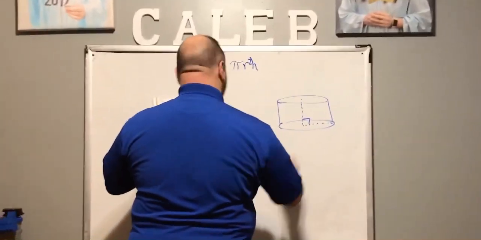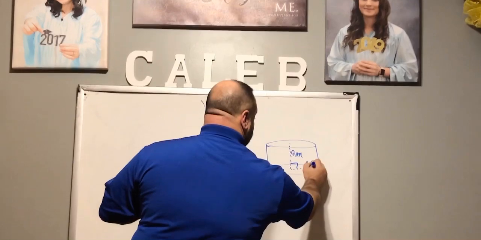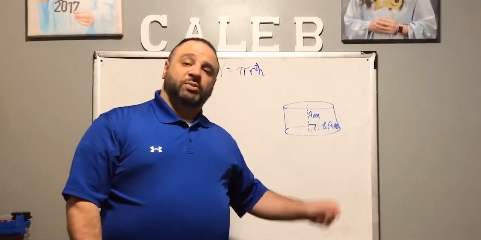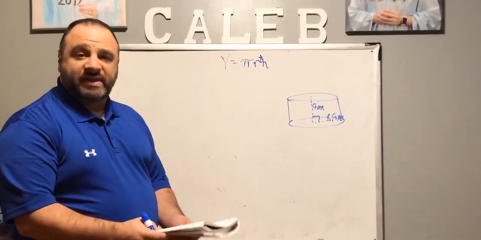Okay, we have our altitude, which is 9 meters, and our radius, which is 8.9 meters. I'll give you a few seconds. Why don't you plug that into your calculator and then give me the answer.